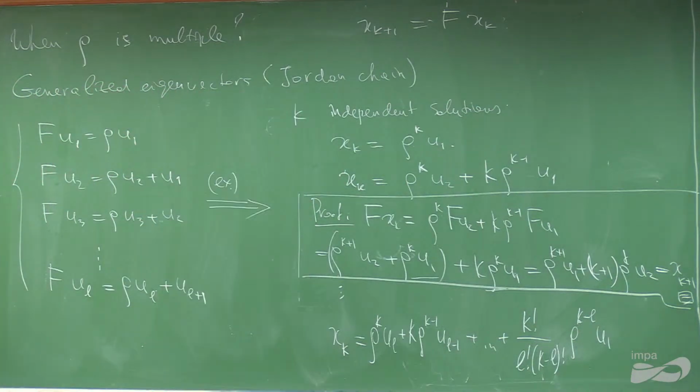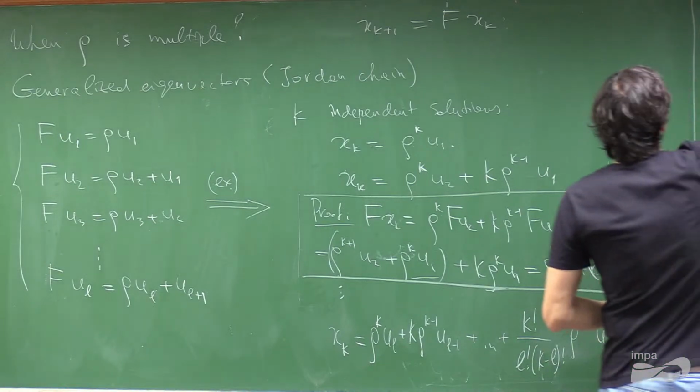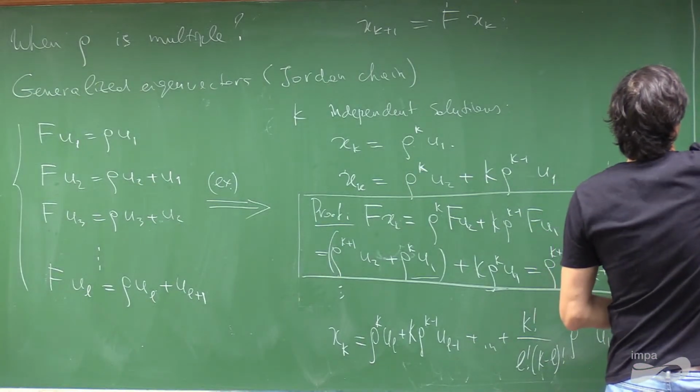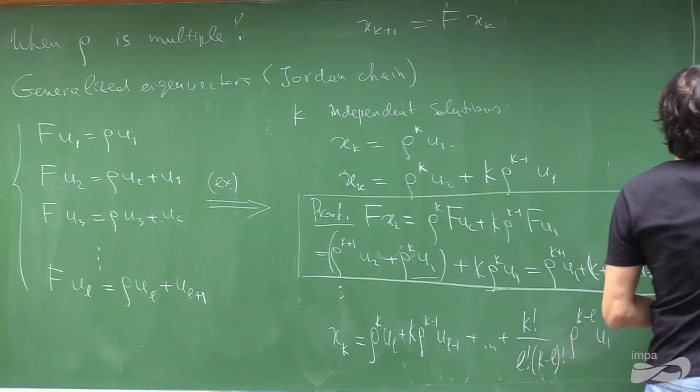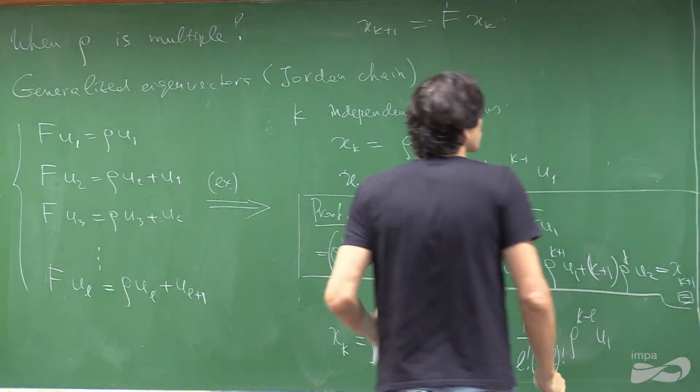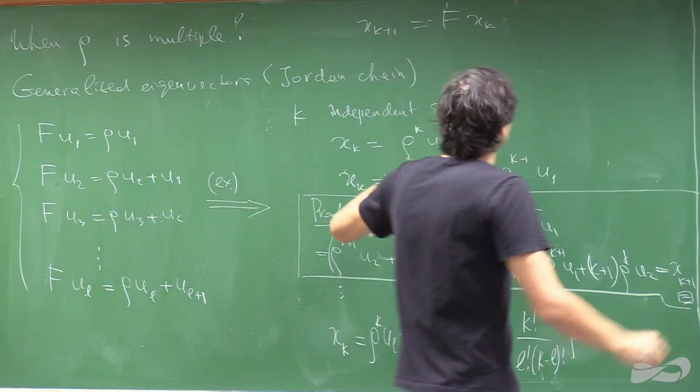And another property is that whenever you consider them at the initial time, k equals 0, what do you have?